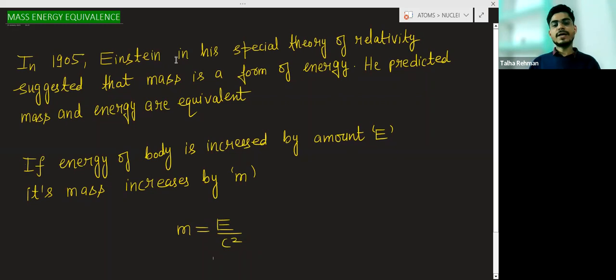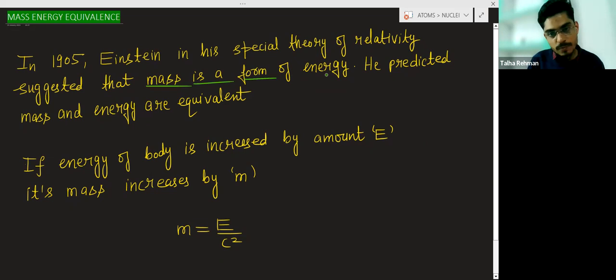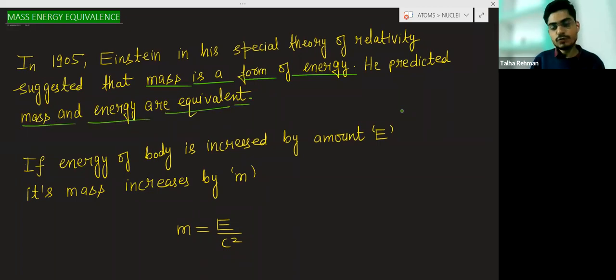In 1905, Albert Einstein, in his special theory of relativity, suggested that mass is a form of energy. He predicted that mass and energy are equivalent. Equivalent means if you are giving energy to the object, then the mass of the object will increase.